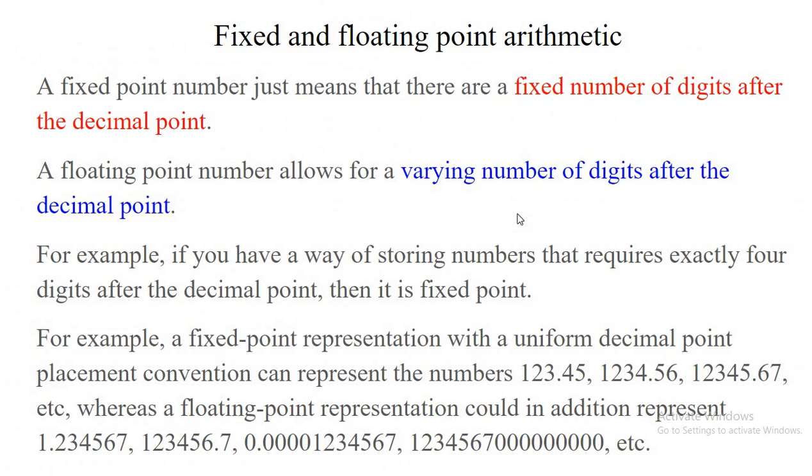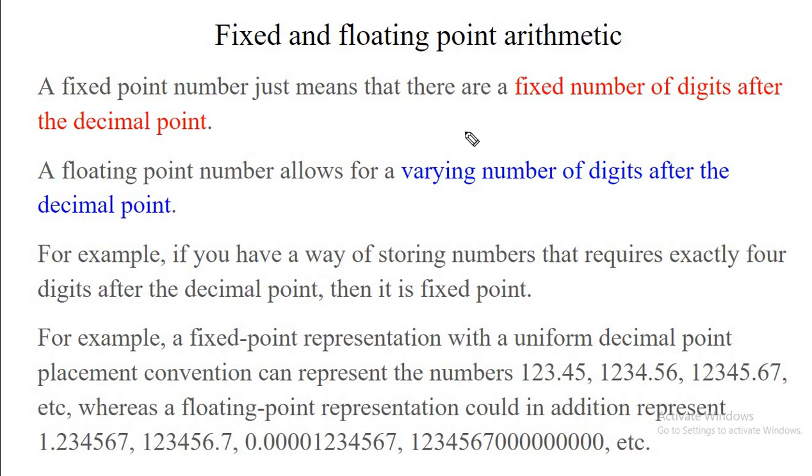Now, as you have some numerical number with some decimal number, there will be two possible representations of this number. One is the fixed and another is the floating point arithmetic. So, what is fixed point? The fixed point number just means that there will be a fixed number of digits after the decimal point.